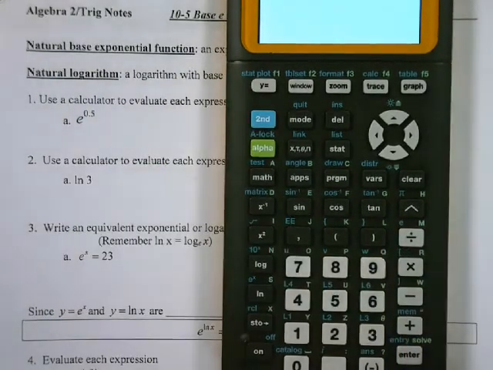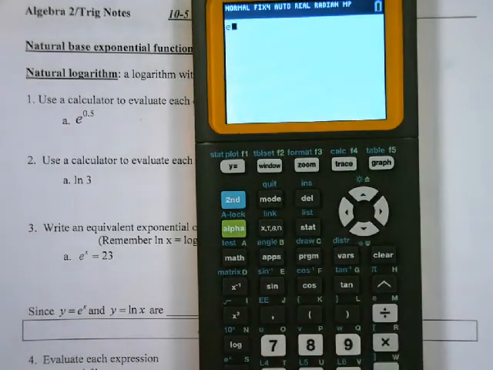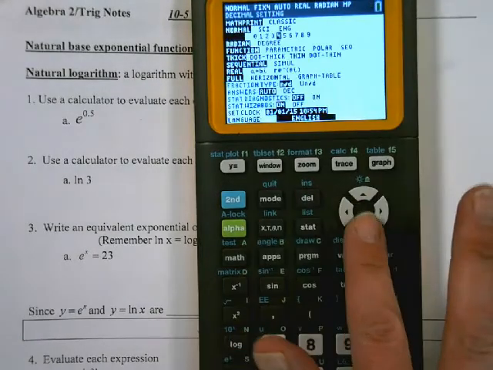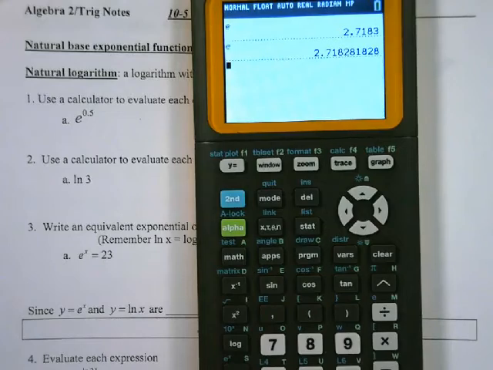If I just put E in my calculator, so do blue and then division, and then push enter. Oh, I put him to do 4 decimal places. Hold on. 2.718281828.